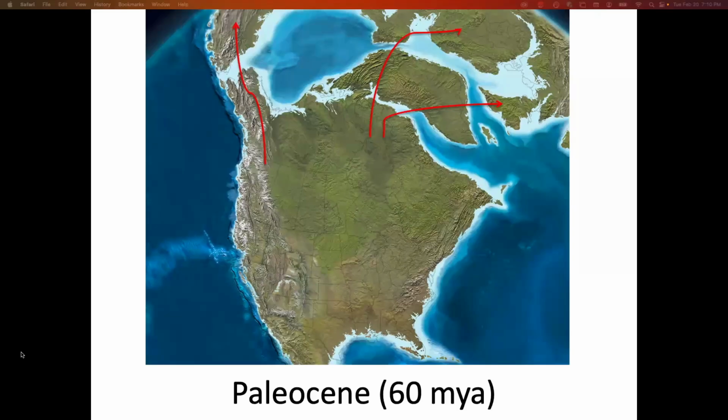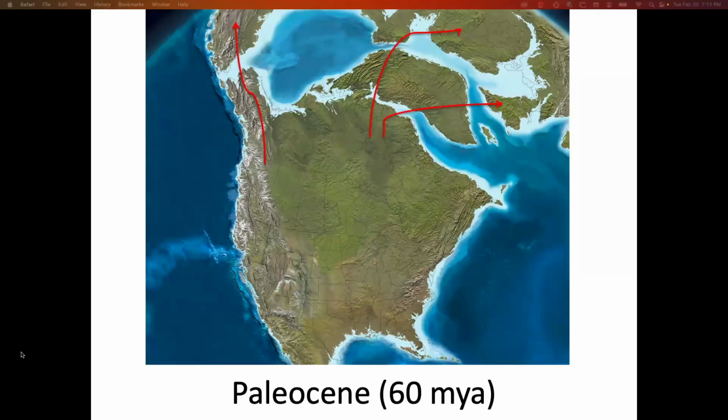And then we have a route through northern Canada, through southern Greenland, over through the island of Svalbard, into Norway and Sweden, down through Europe that way. Those were all three very important land bridge connections, which facilitated the movement of both plants and animals for a few tens of millions of years.